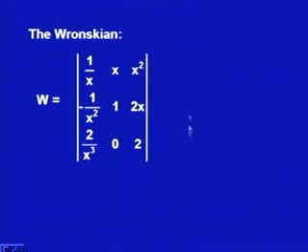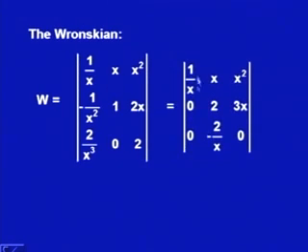If I evaluate this determinant, I am making these two entries in the first column 0 by multiplying the first row by 1 by x and adding to the second row, then multiplying the first row by minus 2 by x square and adding it to the third row, we get this determinant. By the method of determinants, this will not alter the value of the determinant.